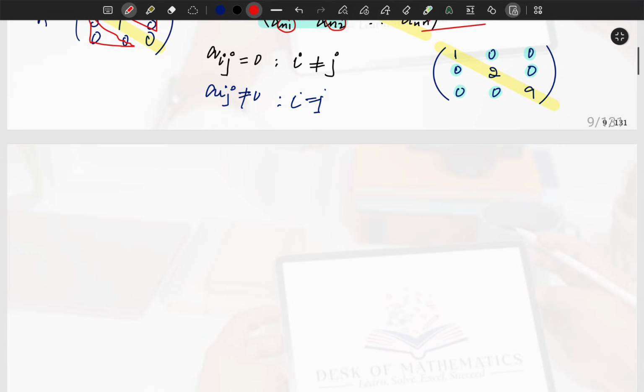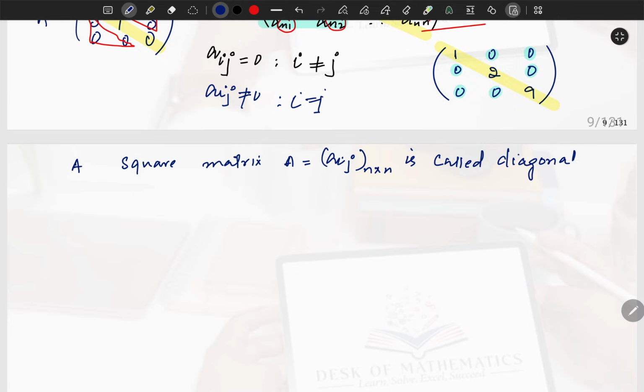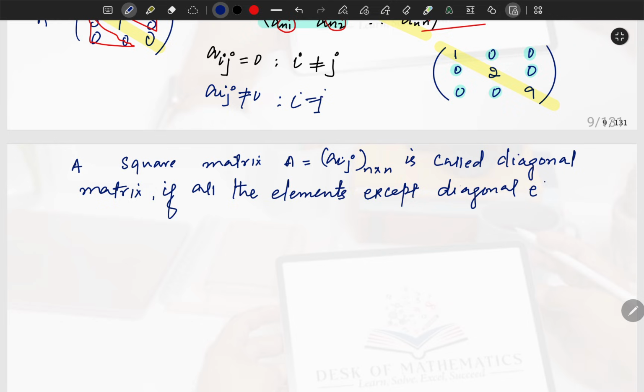So what is a diagonal matrix? The simple definition: a square matrix A whose elements are Aij of order n cross n is called a diagonal matrix if all the elements except the diagonal elements, that is, except the principal diagonal, are 0.